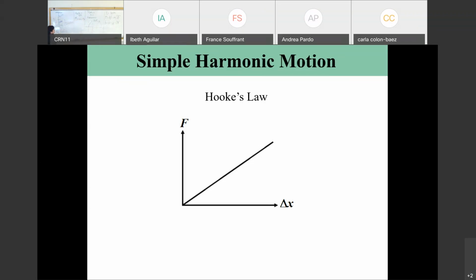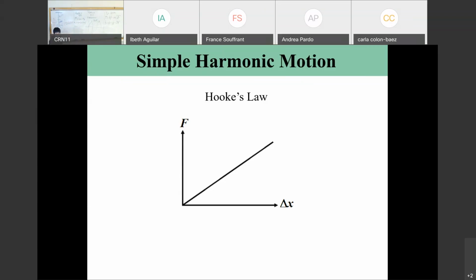Kx equals mg. What's x? 0.3. So k times 0.3 equals the mass times 9.8. There it is. So I can find my value of k.